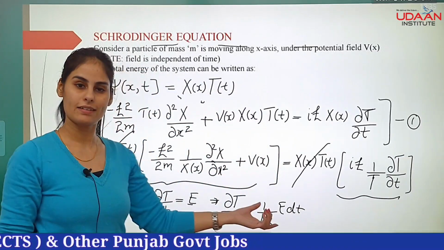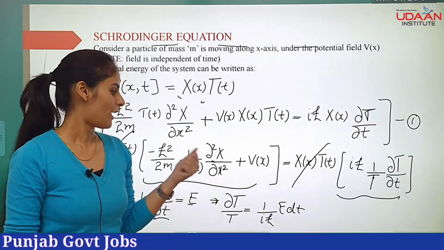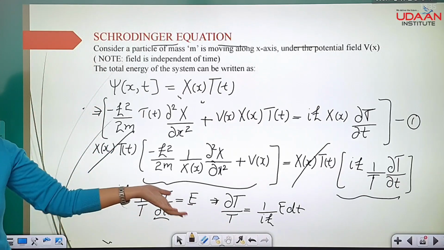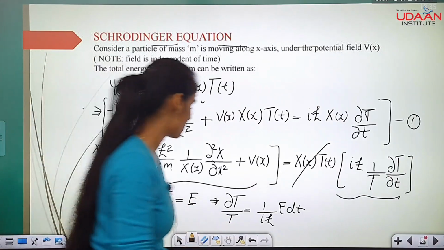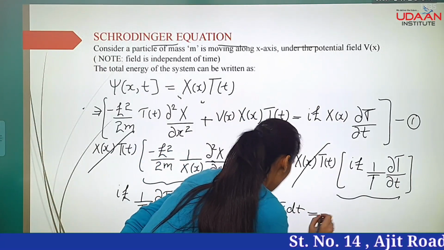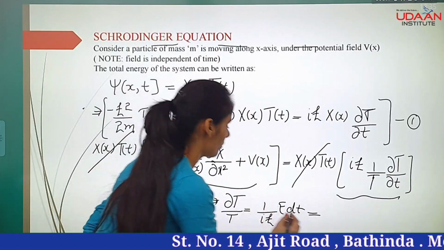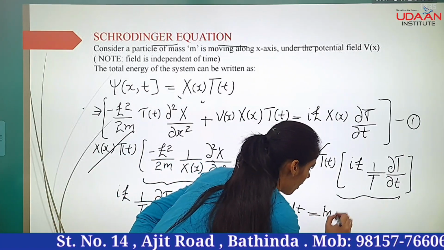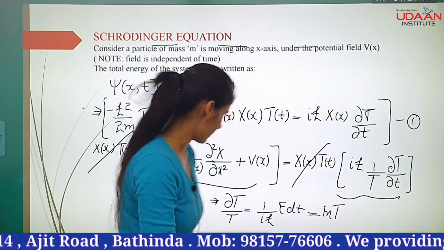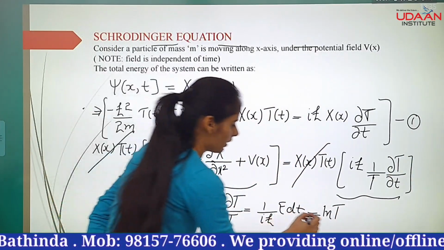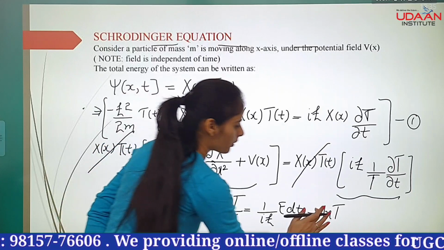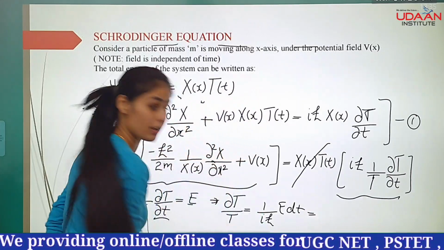So what will be the next step? Can you guess? Okay, it's going to integrate the equation. So when we are integrating this equation, I'll add one more step over here so that you can understand it well.